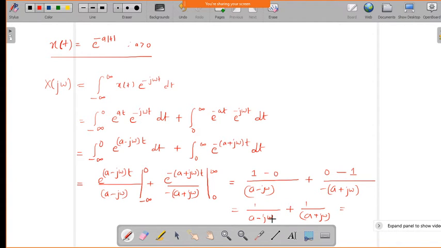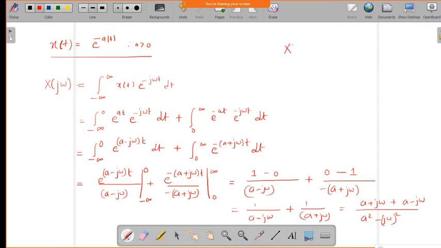Now if you multiply these two, you get like (a plus b) into (a minus b). So you get a square minus (j omega) whole square as denominator, and take the other into the numerator, that is (a plus j omega) plus (a minus j omega). So now what is the result?